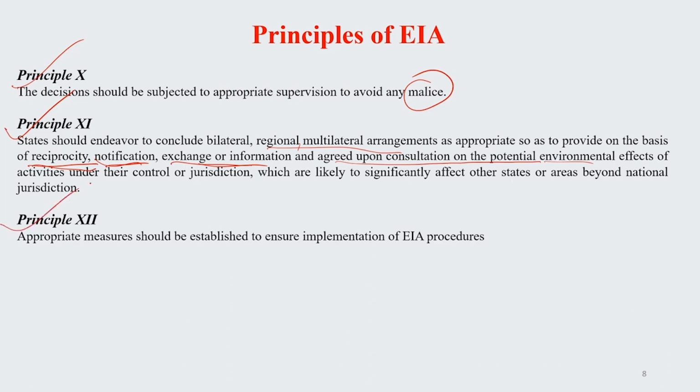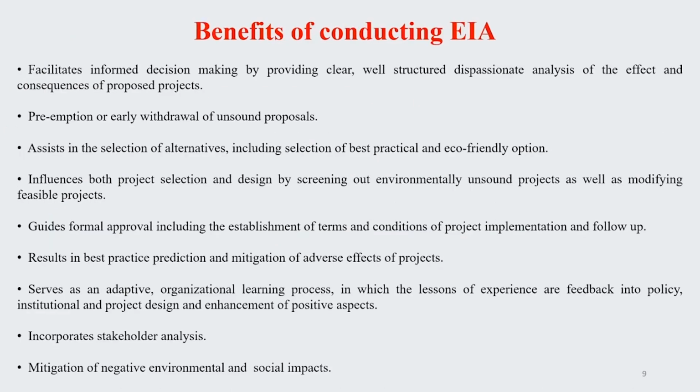The last principle, number 12: appropriate measures should be established to ensure implementation of EIA procedures. We have all those things on paper, but unless this is implemented in a stringent manner, the purpose of having these principles, rules, and regulation system has no meaning.